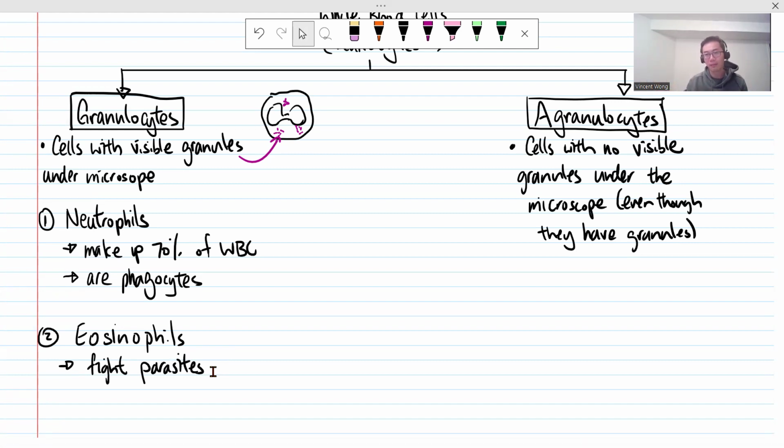So if you have a parasitic worm in the body that's really big, you can see it with your naked eye, but the cells are too small. You cannot eat it. So the eosinophil will fight the parasite by secreting chemicals.